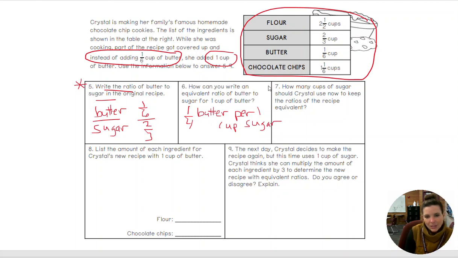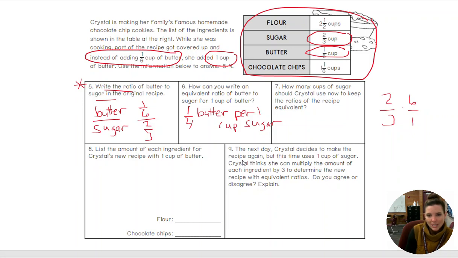So it says, how can you write an equivalent ratio of butter to sugar for 1 cup of butter? So if there is 1 cup of butter instead of 1/6, that means we're going to have to times by 6, which means that we would have to do 2/3 times by 6, which is 4.